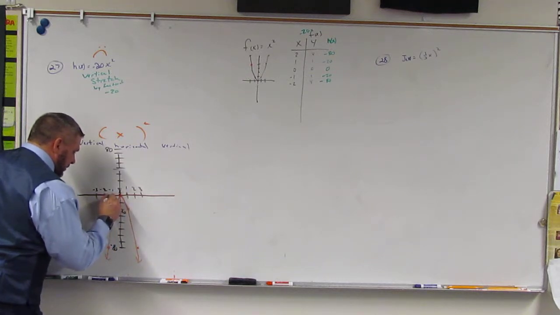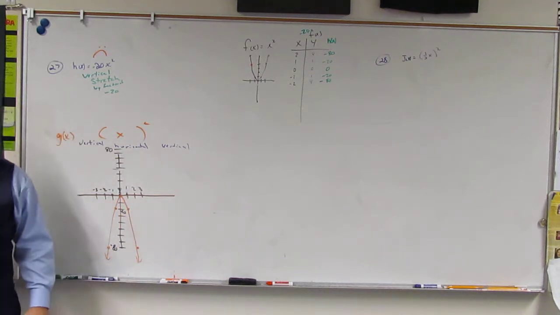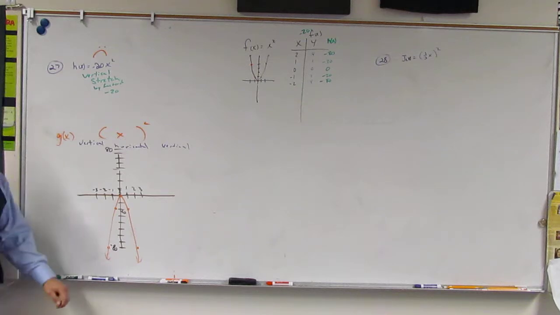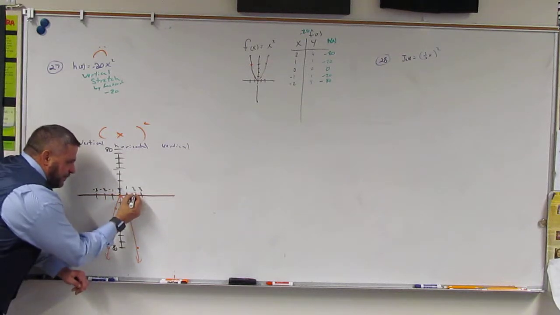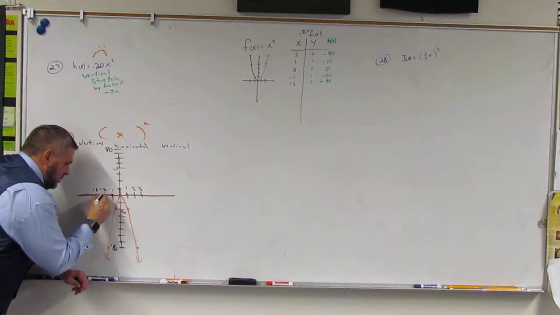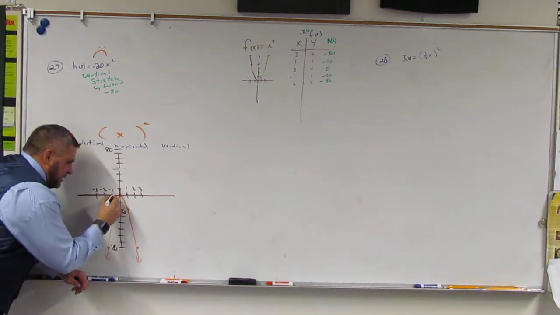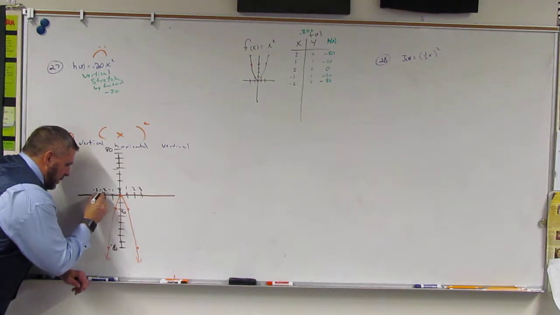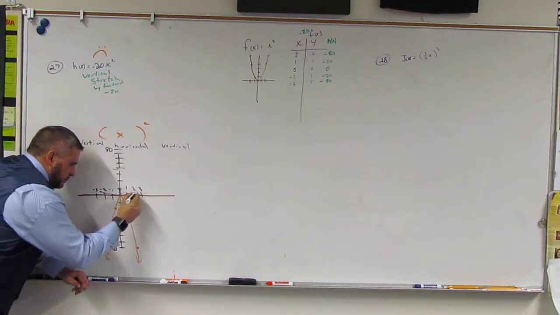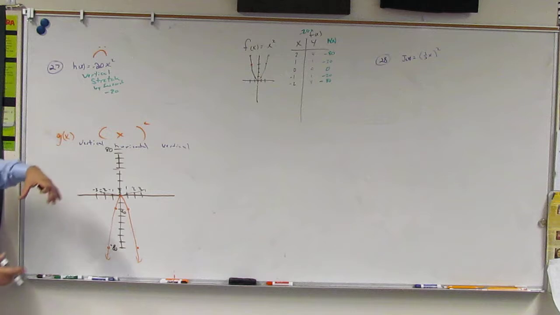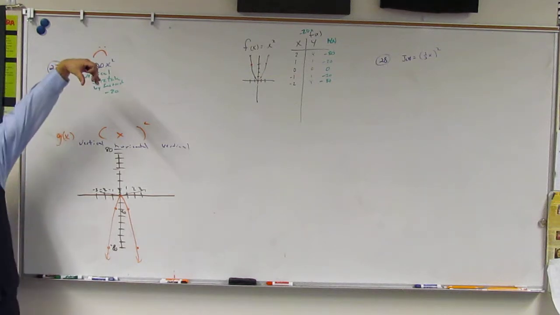Right? And then on 2 it was at 4. How far is 4? Is that about halfway? Right? And so you see what's happening here? Does that look like it was flipped and stretched now?